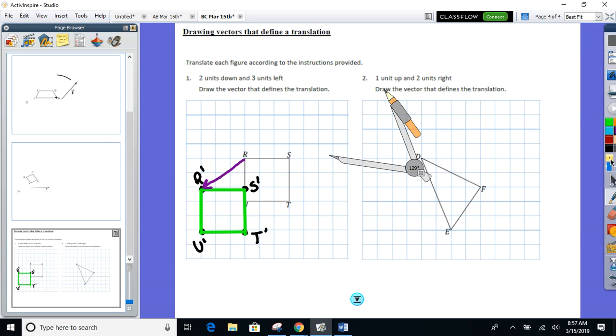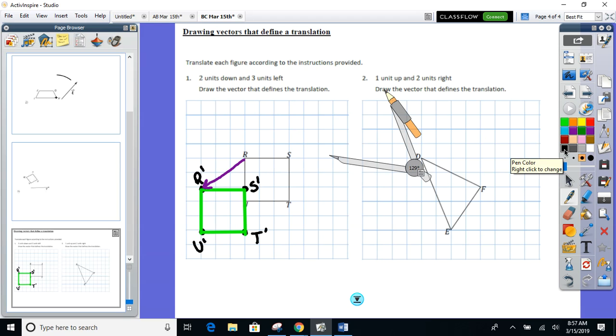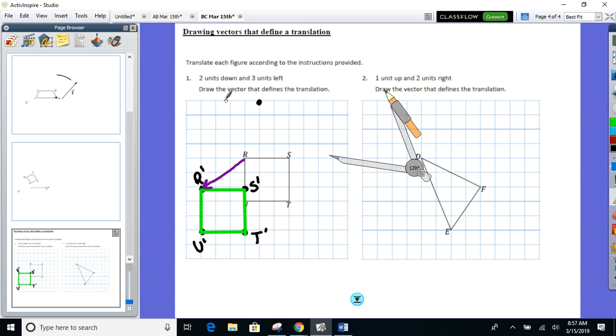Or if you want to go hardcore, do it off the graph. Make a point, and then just make sure you go 1, 2, 3 to the left, 2 down, and the end of the vector is right there. Somewhere on the graph needs to be that vector that goes 3 left, 2 down. And then you got one more here, but now we're going 2 right, 1 up.